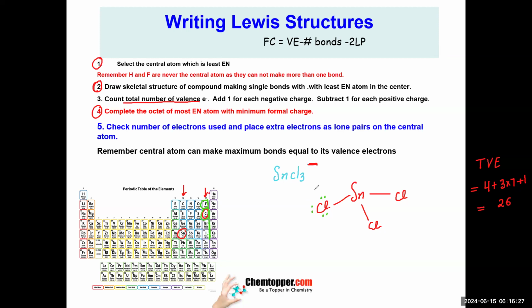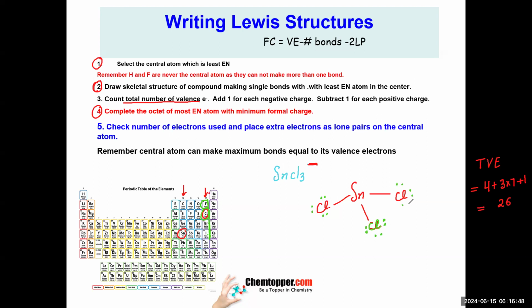So write this down in your notes somewhere. Halogens behave like fluorine if they are not the central atom. Like fluorine means 1 single bond. So all these chlorines are going to make 1 single bond to have minimum formal charge.